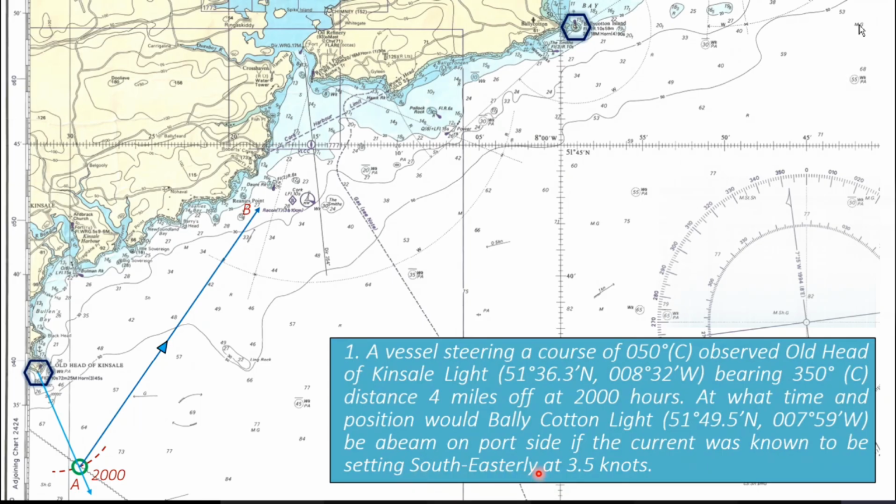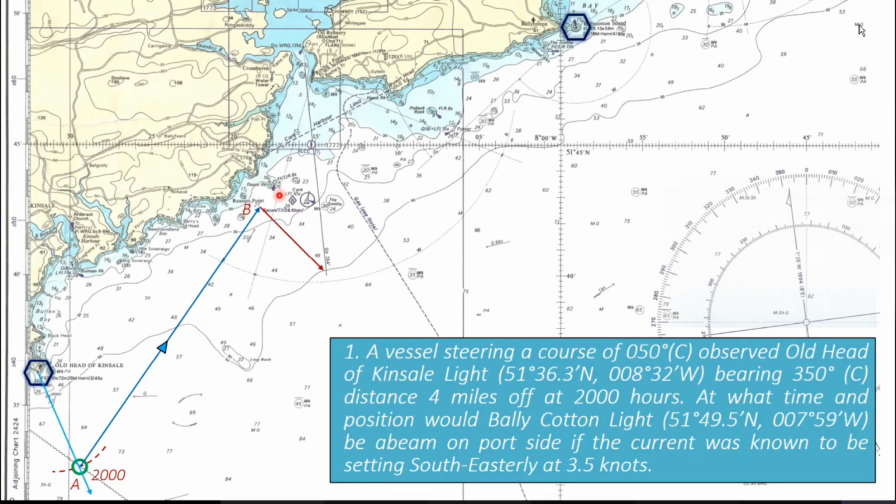So this is the direction in which the current is taking us. And we know the rate is 3.5 knots. So now from point B, I'm going to draw my current vector again for 1 hour. So from point B in the southeasterly direction, I'm going to draw the current. Let's plot it on the chart.